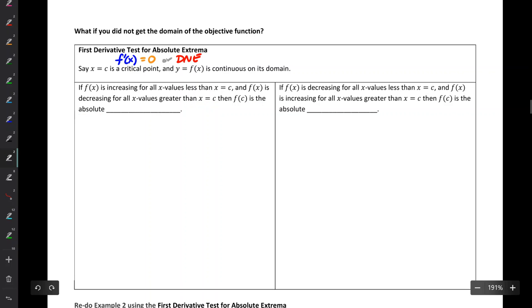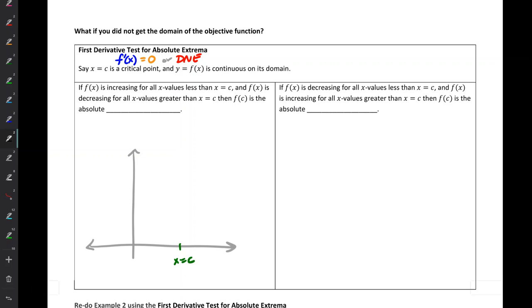Let's draw a picture. And let's just draw one. X equals c is a critical point. My function is increasing for x values less than c. So we're going uphill.